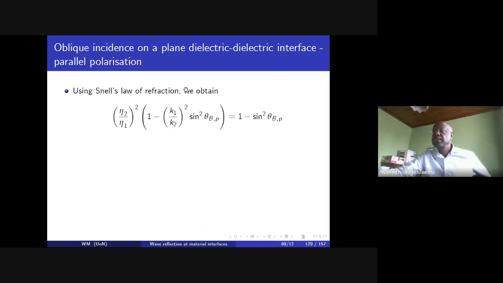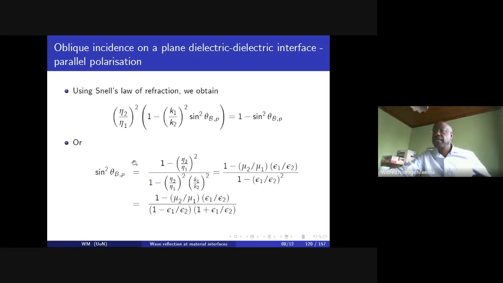So using Snell's law of refraction, we obtain that that equation will hold, and when we make the simplification, we get the sine squared of the Brewster angle for parallel polarization, and we replace those by their values, and this is what we have for that particular case.